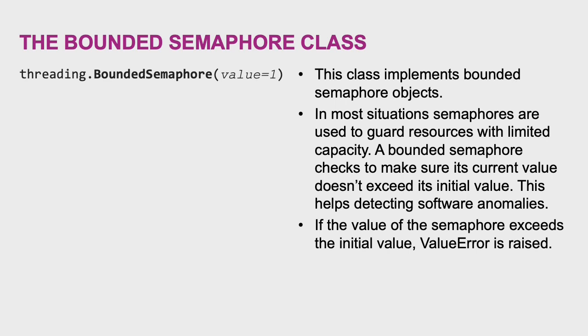Let me stress that if the value of the semaphore exceeds the initial value, a ValueError exception is raised, so you can understand that a problem has occurred, and you can manage it. You can log it, and you can do what's needed to check your software and fix it.